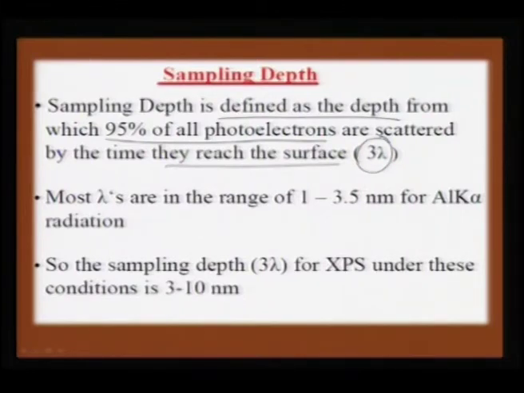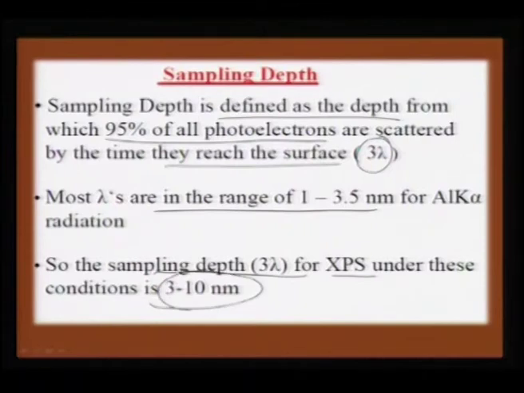Most lambda values are in the range of 1.1 to 3.5 nanometer for aluminum K alpha radiation. Usually we use aluminum K alpha or magnesium K alpha as the radiation for XPS. So, the sampling depth is approximately 3 lambda for XPS under this condition.